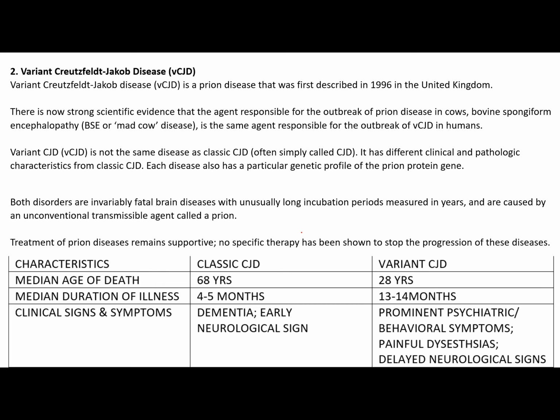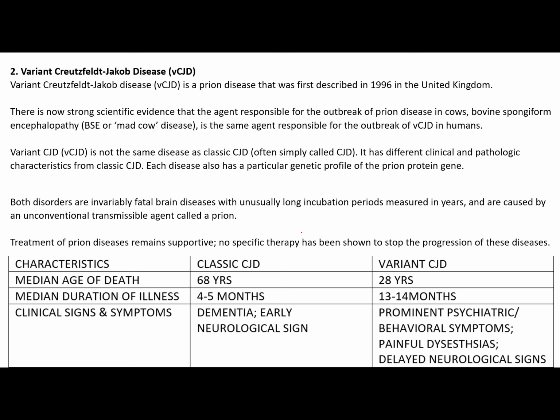Now, the median duration of illness, class, for classic CJD is 4 to 5 months. Meaning, class, kapag na-infect ka ng classical CJD, you tend to die at a faster rate, at around 4 to 5 months. So take note, class, kapag ang classic CJD would usually occur at a later age of life. But once you are infected with it, you only have a very short lifespan, 4 to 5 months.